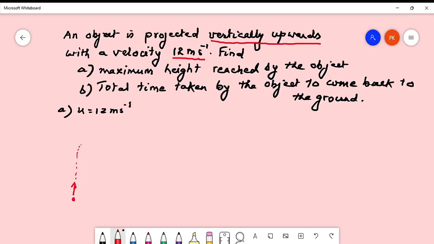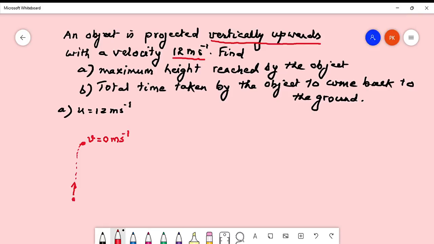Now, when the object will reach the maximum height, what will be the velocity of the object? Object will become stationary and then it will turn down. That means the final velocity will take it as 0 meters per second.